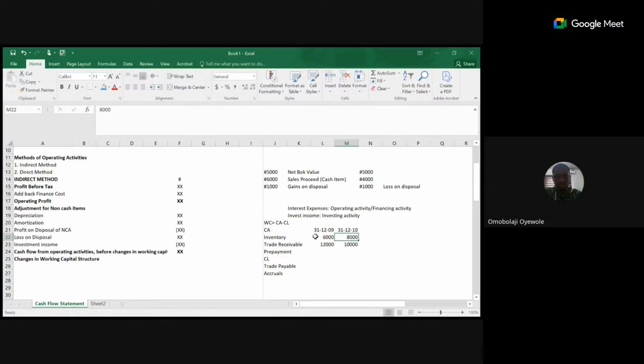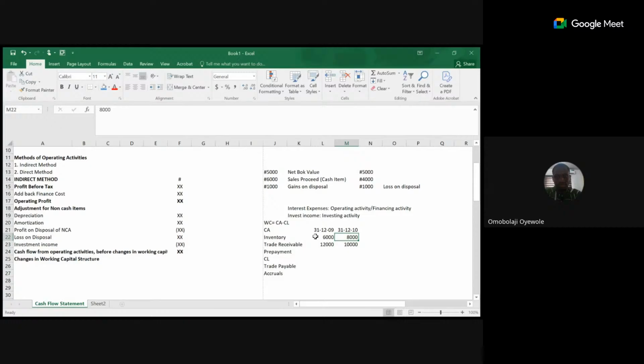What does it mean? It means that inventory in 2010 is higher than inventory in 2009. I had 6,000 and now I have 8,000, so I have bought more inventory into the business.